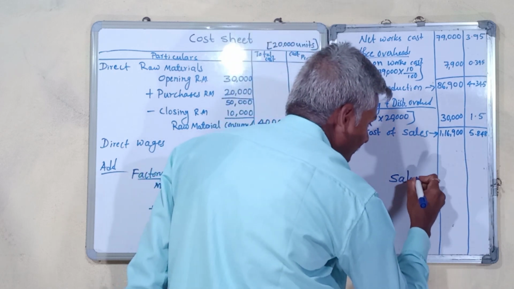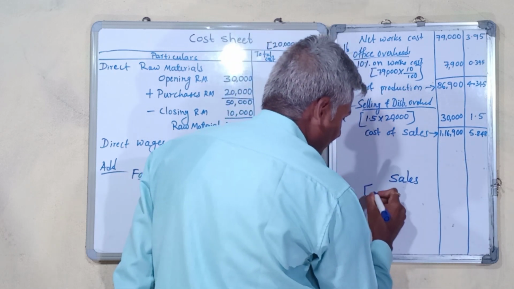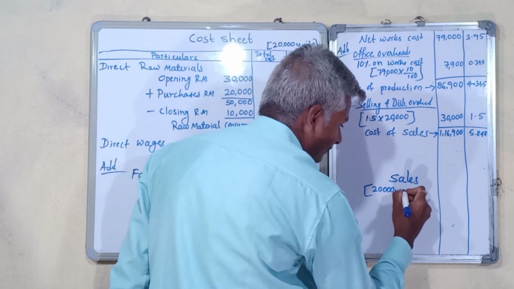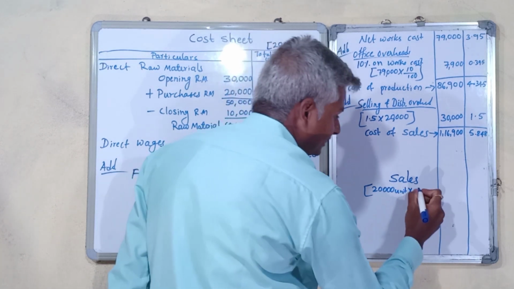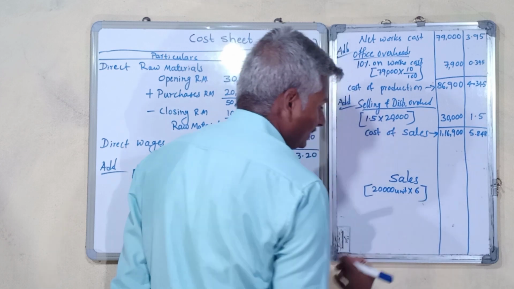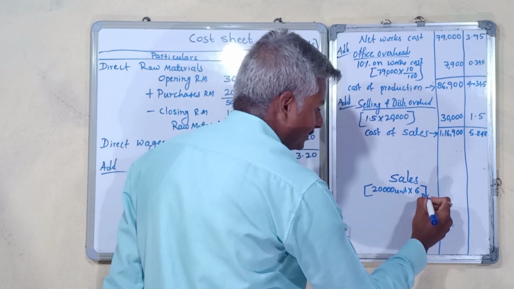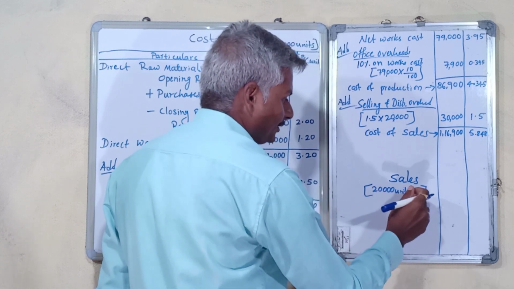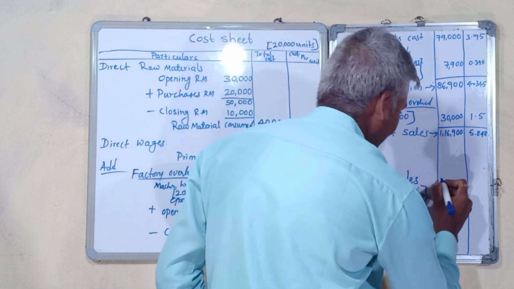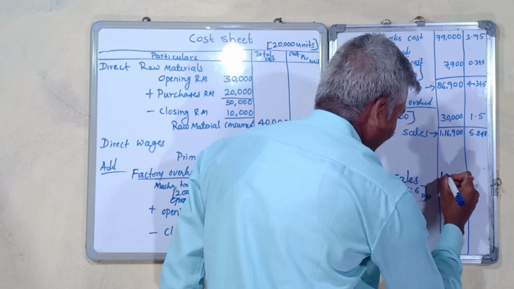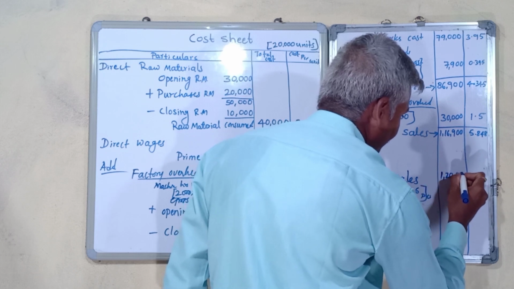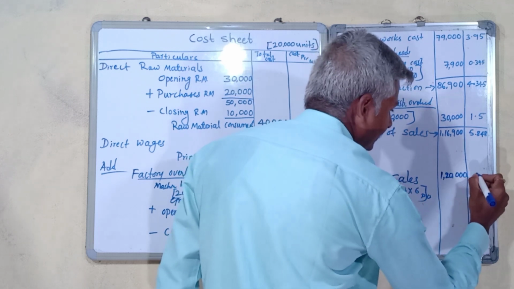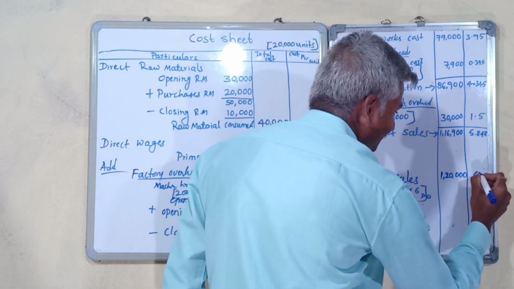So sales is 20,000 units into 6 per unit. 20,000 into 6 is 1 lakh 20,000. Here we will get 6 rupees.